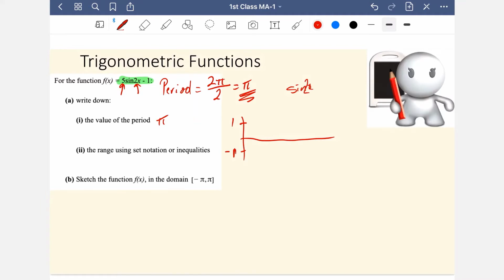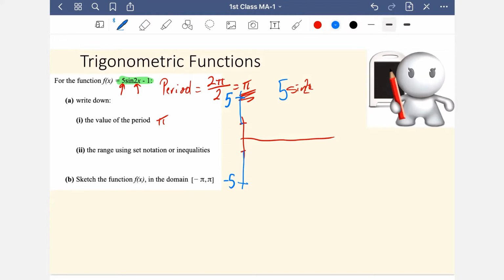Sine of 2x, it'll still do the same. That's fine. Choose a different color. What happens if I put a 5? So that's that dilation once again. Okay. This time it's going to be away from the x-axis. So now that's going to take it up to 5 and then negative 5. Okay, so let's wipe the 1 and the negative 1.